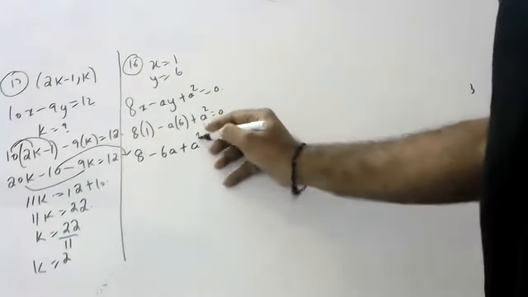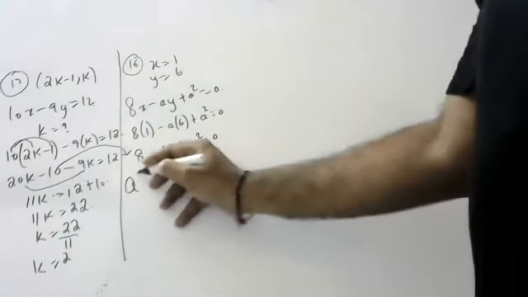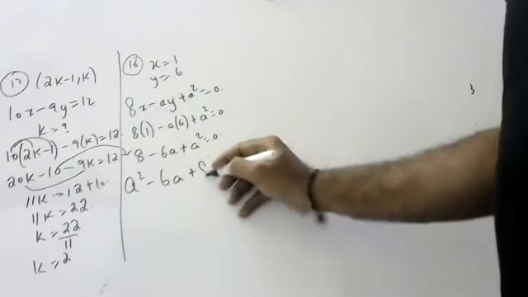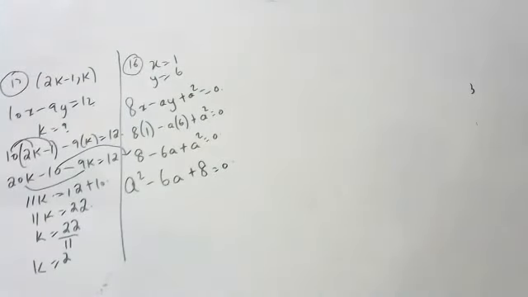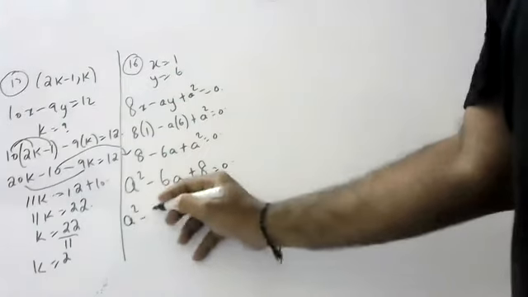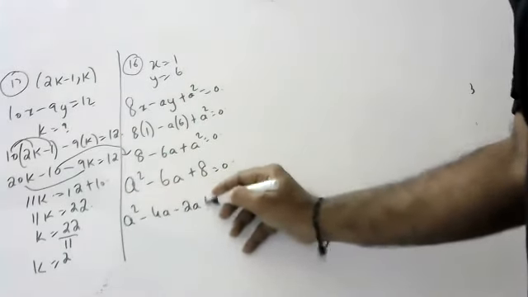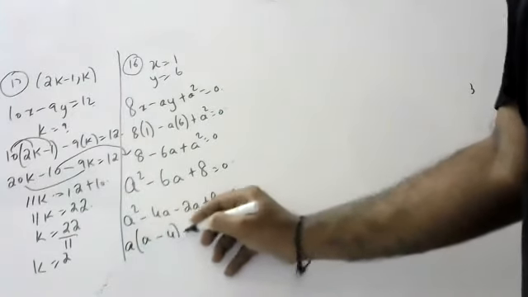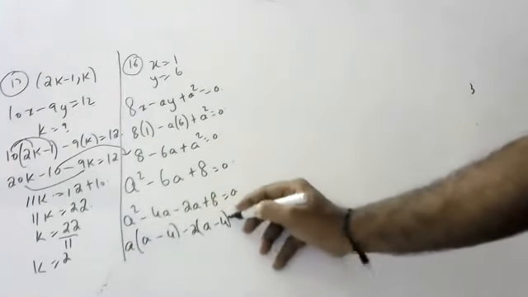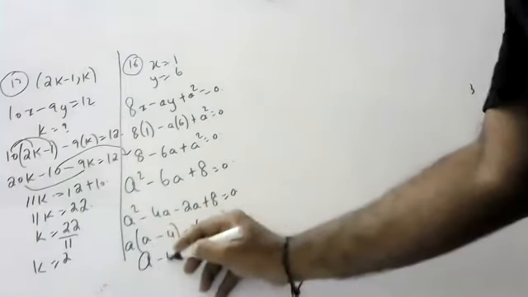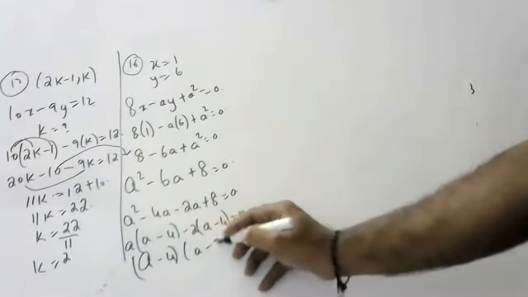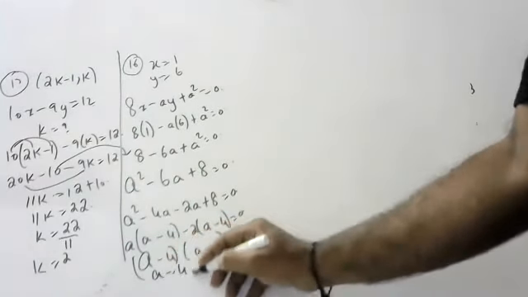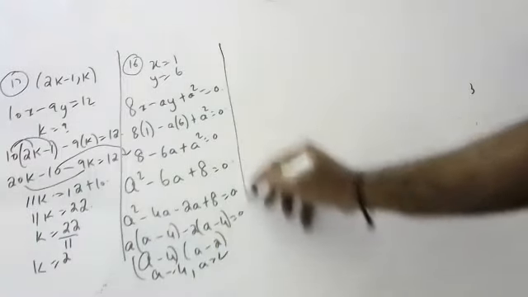You have to split the middle term. A square minus 4a minus 2a plus 8 is equal to 0. A into a minus 4 minus 2 into a minus 4, that is a minus 4 into a minus 2. Okay, next.